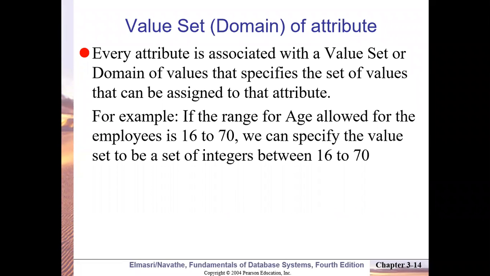For example, if you consider the age allowed for an employee in a particular firm is 16 to 70, then we can say that the domain of the attribute age in the table or in the entity employee is the integer values between 16 to 70.